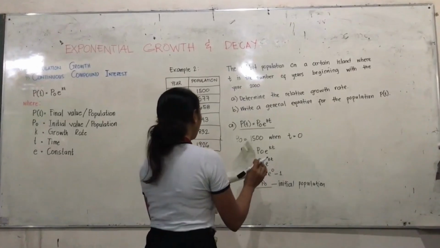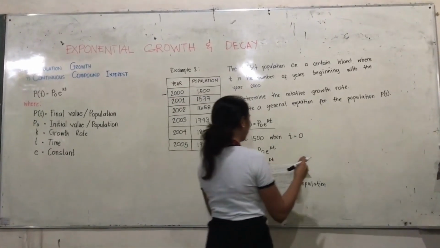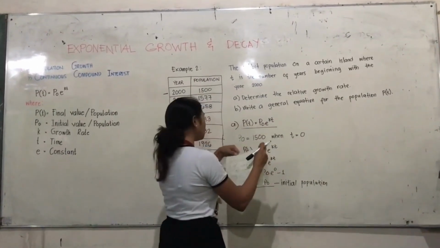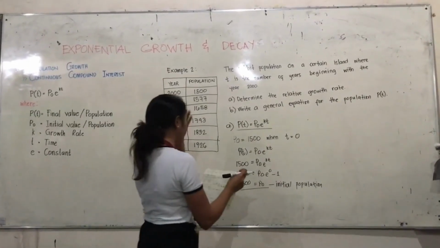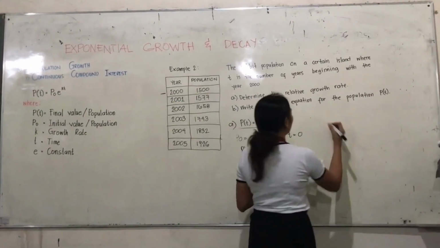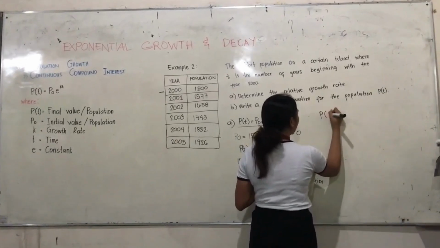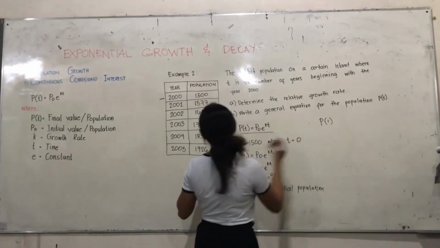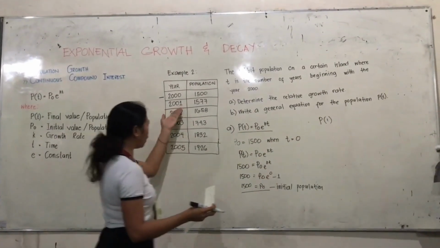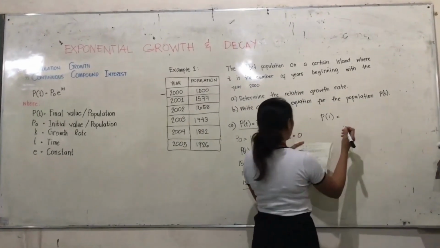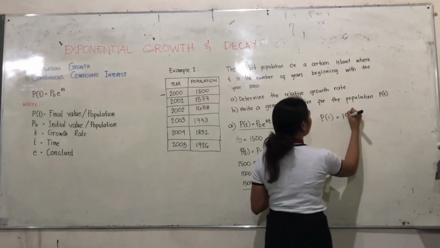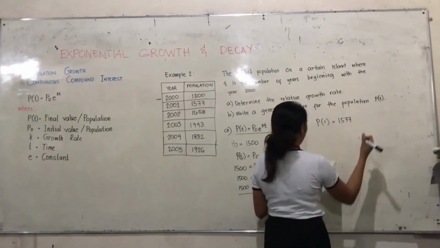So, let us use the first year in our table. So, P1 is the 2001 year. So, the population in 2001 is 1,577.